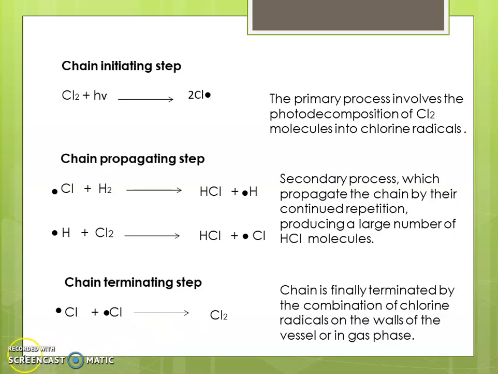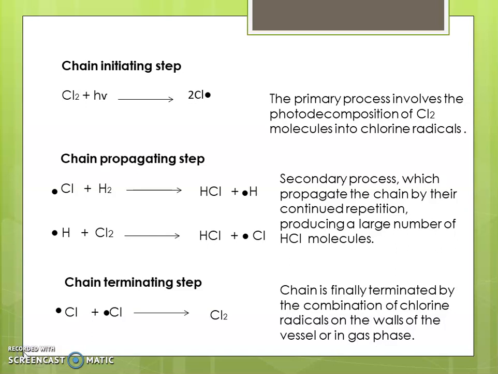These are the three steps involved in a chain mechanism for the photochemical process of combination of hydrogen and chlorine to form hydrogen chloride.